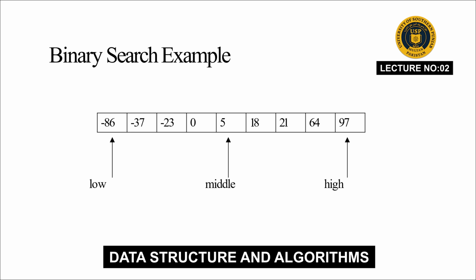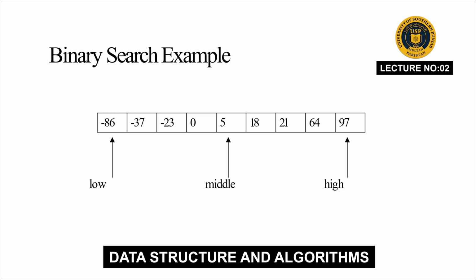Now we will perform binary search on the sorted array. Here is the array of 9 elements. The first element is -86, the second element is -37, the third element is -23, the fourth one is 0, the fifth one is 5, the sixth one is 18, the seventh one is 21, the eighth one is 64, and the ninth one is 97.